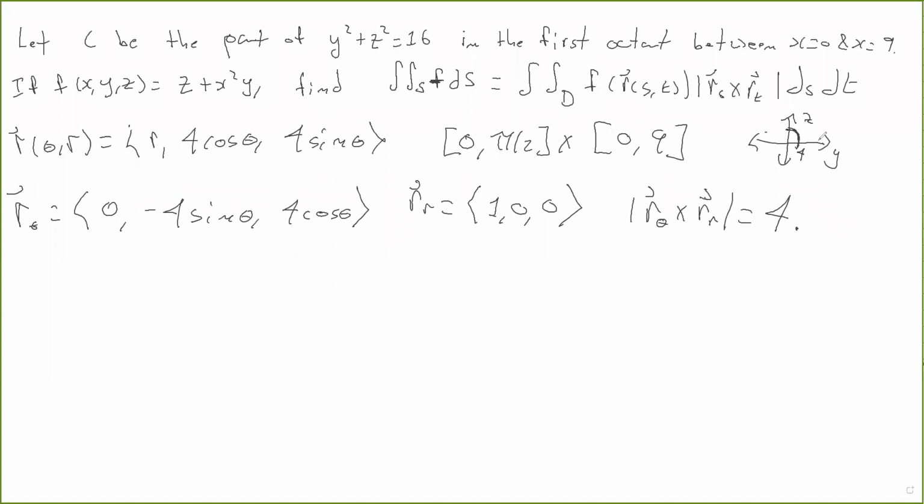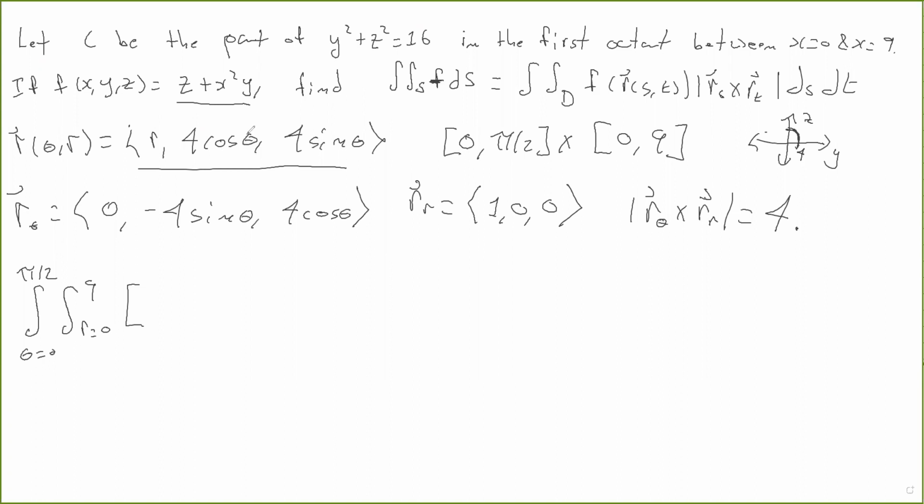Okay, so now let's start filling stuff into this integral. Obviously there's s and t here, but our parameters are theta and r. So the domain is going to be r equals 0 to 9, theta equals 0 to pi over 2. Now I need to fill in the function. Here's my formula for f, and here's my formula for r. So wherever I see a z, I'm going to put 4 sine theta. Wherever I see an x, I'm going to put r.